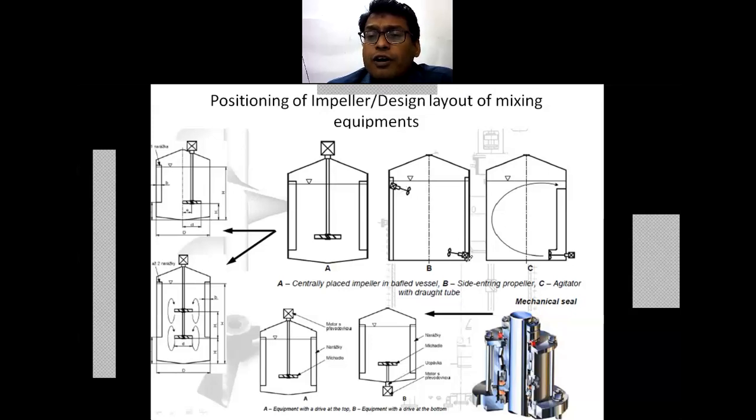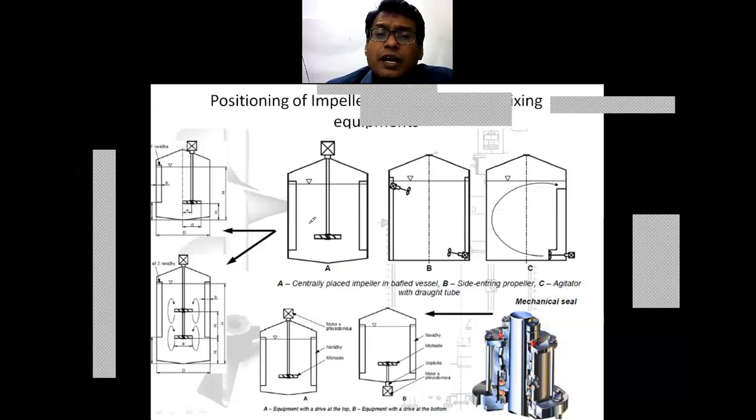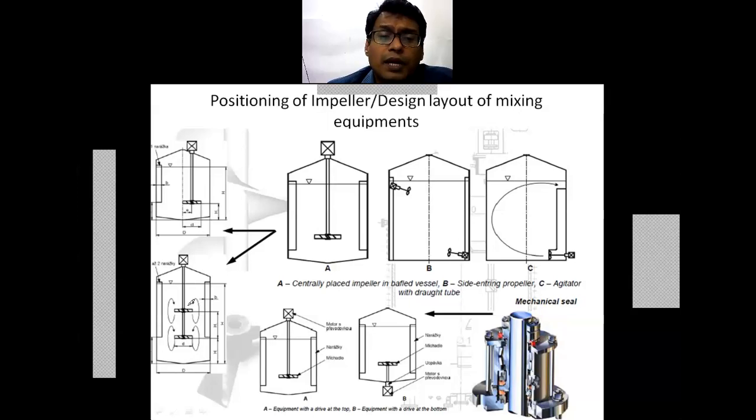The number of impellers can vary, with a single impeller or multiple impellers used. Then the shaft is overhung, or the shaft is fixed at the other end. All these are the different variations in the positioning of the impeller or the design layout of the mixing equipment.